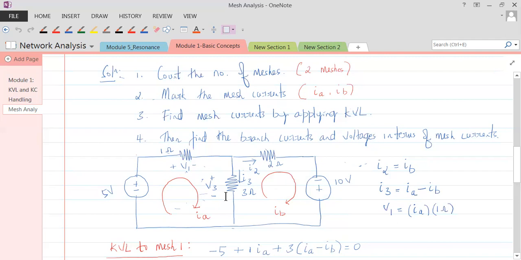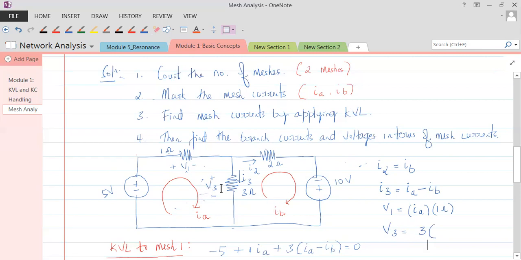Similarly, if you come to V3, V3 is the voltage dropping across 3 ohms. And mind you, through 3 ohms there are 2 mesh currents flowing, so you have to express V3 in terms of the 2 mesh currents. Anybody would like to do that? Here, V3: the 3 ohm is something that we know. It's 3 into, see here, IA is approaching the positive sign of V3, so IA is positive, and IB is approaching the negative sign of V3, so IB is negative.